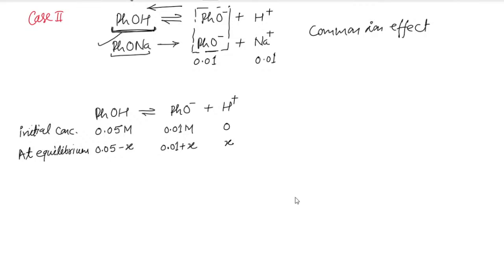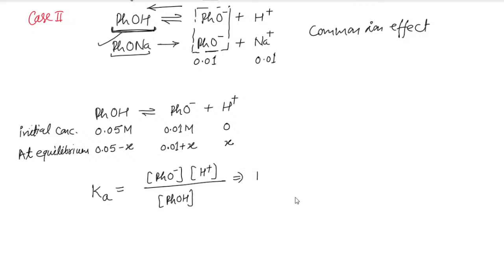Now Ka remains the same. So Ka is equal to phenoxide ion concentration times H plus ion concentration divided by phenol concentration.